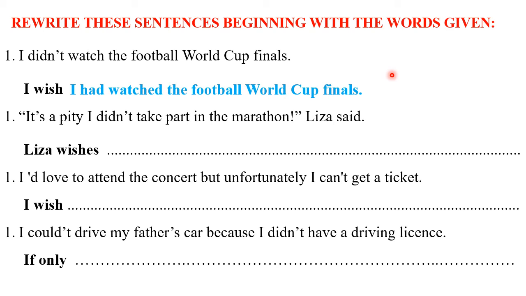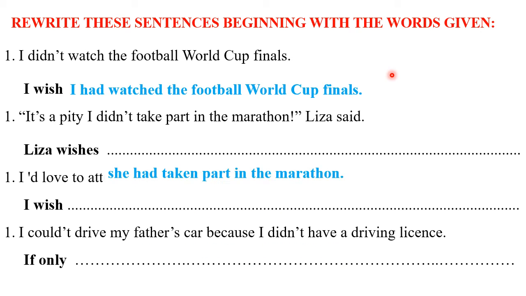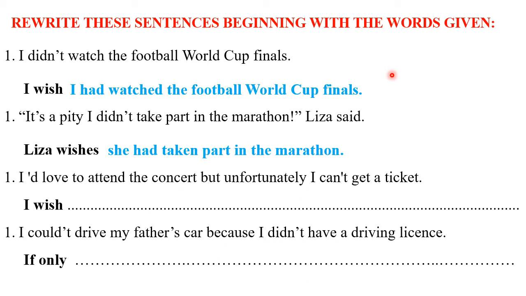Next, it's a pity I didn't take part in the marathon, Lisa said. Lisa wishes she had taken part in the marathon. Good. So this looks like something else. Lisa said, inverted commas, it's reported speech.